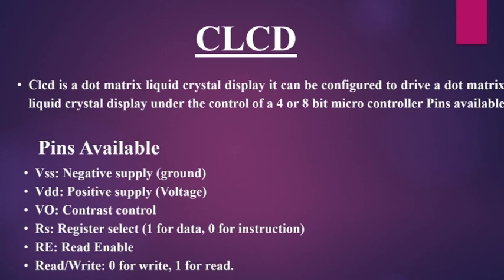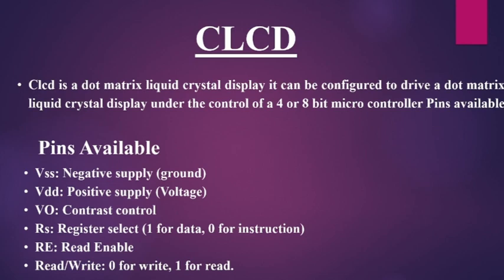Next is CLCD. CLCD is a dot matrix liquid crystal display. It can be configured to drive a dot matrix liquid crystal display under the control of a 4 or 8-bit microcontroller. The pins available in CLCD are VSS, VDD, VO, RS, RE, read or write.